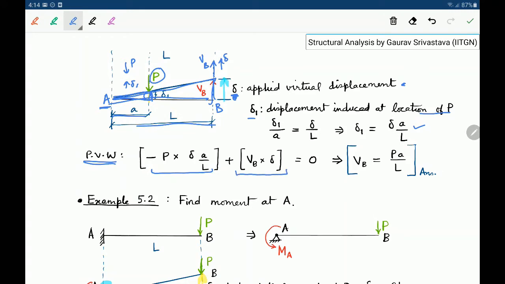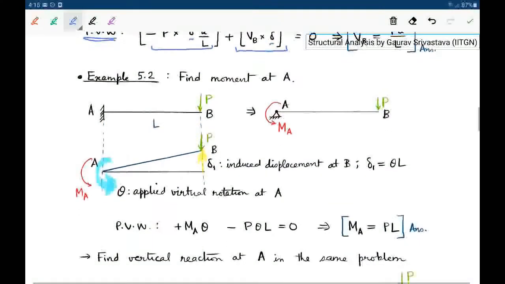There is no other force acting as of now. So this is the overall force-displacement dot product. Here this delta would cancel out and we would get VB to be Pa by L. This is something which you can easily recall from direct application of the static equilibrium equations also.